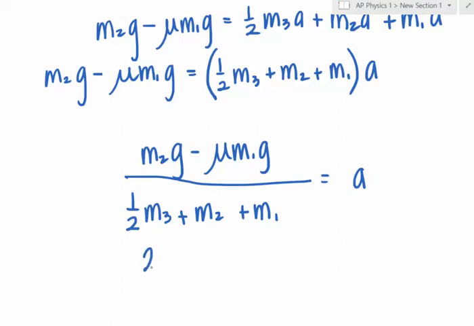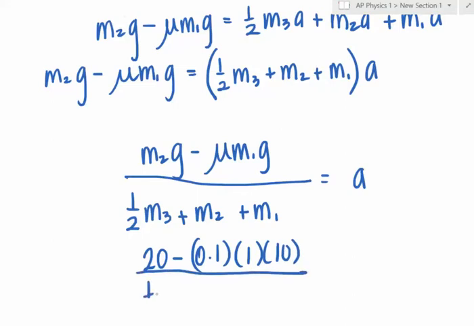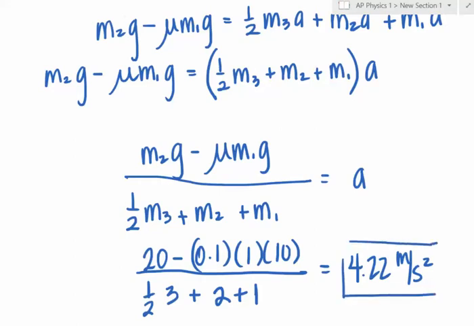So this would be 20 minus 0.1 times 1 times 10 over 1/2 of 3 plus 2 plus 1. And I got 4.22 meters per second squared. Do you agree, disagree?